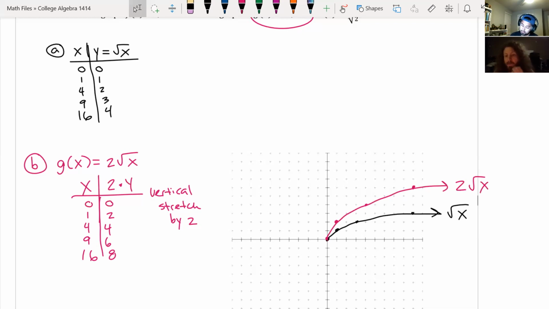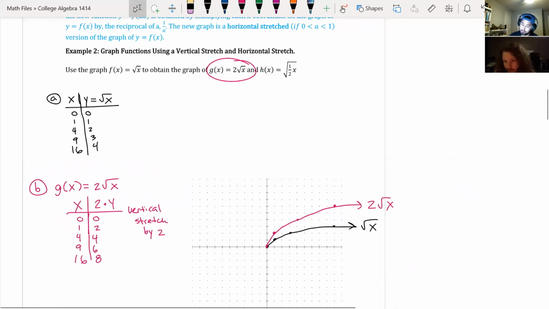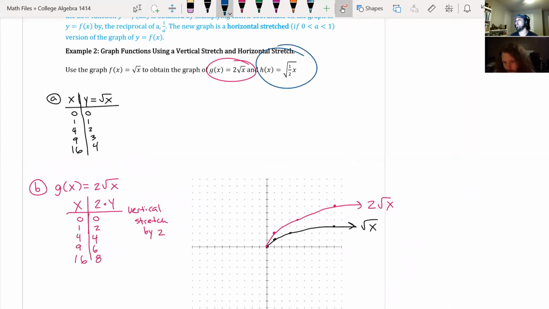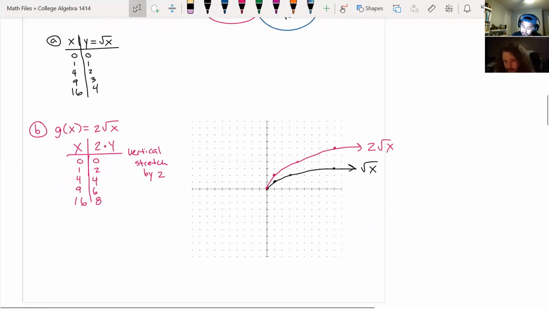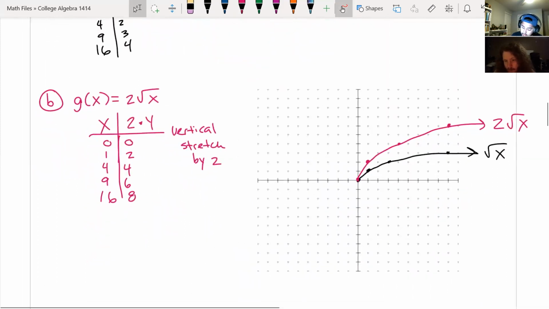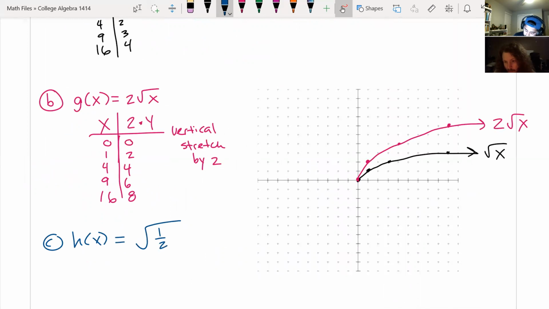And then the next one, again, we have h of x equals the square root of 1/2 x. So with that, create my xy chart again, but I'll rewrite it. h of x equals the square root of 1/2 x.